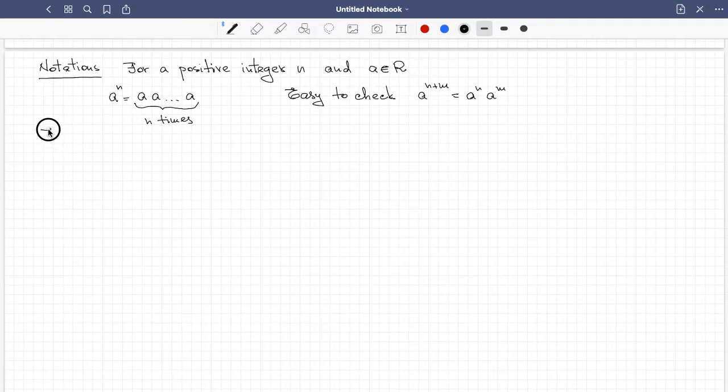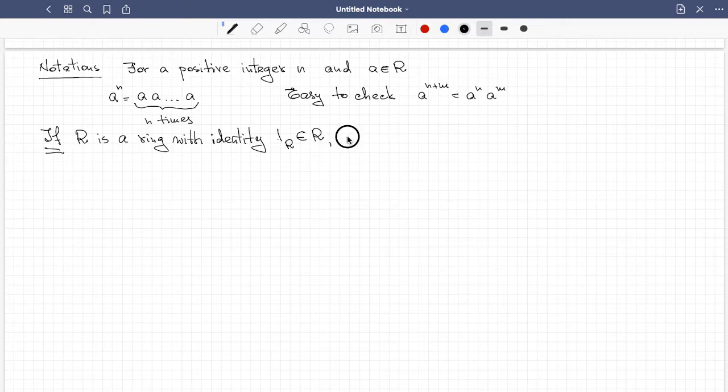So there is a big if: R is a ring with identity, one R identity in R. By convention, for a different from 0, a to the 0 is the identity in the ring.